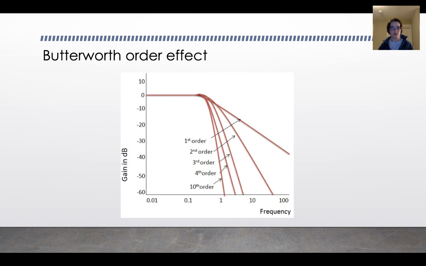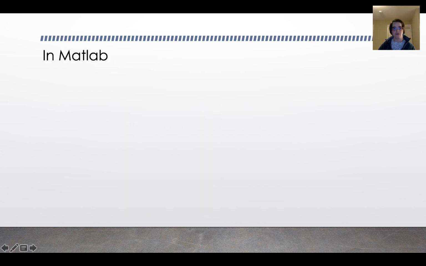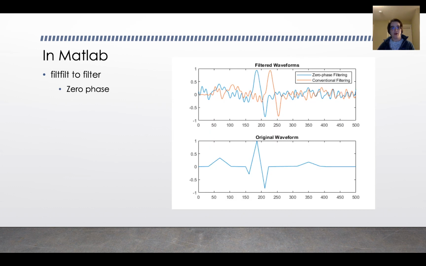So you'll be experimenting with doing those in MATLAB. We're going to be using the filtfilt command to filter our data. The filtfilt command, as opposed to the filter command in MATLAB, has 0 phase shift. What I mean by phase shift is when you filter the data, you slide it horizontally, and the filtfilt command filters it one way to slide it, and then filters it back the other way to slide it back.